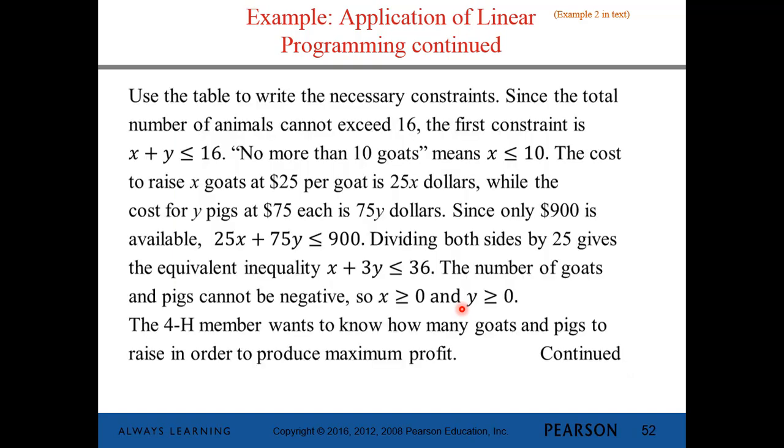Okay, so now what we're going to do is take all of this information and plot these equations, just like we did in the previous sections, and then shade in the regions or use test points to find out which bounded region we are in. Once we know the bounded region, we test the corner points.